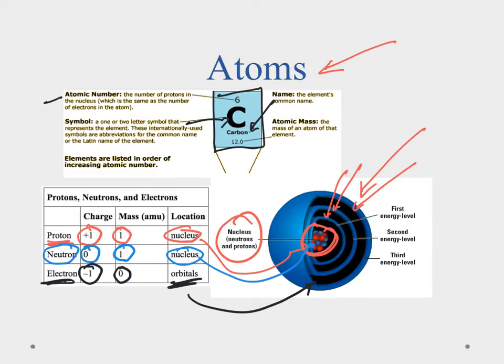There's an atomic number, which is the number of protons, and in a neutral atom, it's also the number of electrons. But primarily, we want you to focus on it being the number of protons. Then we have a bigger number down here, which is the atomic mass. This tells me the average mass of that element, and it's primarily the number of protons plus the number of neutrons. So that's what we need to know about atoms moving forward.